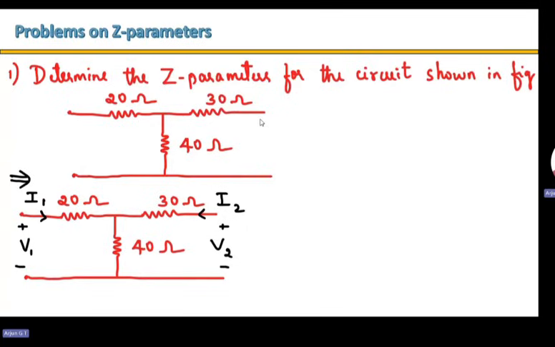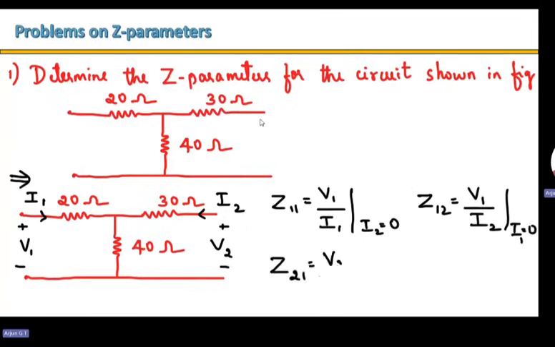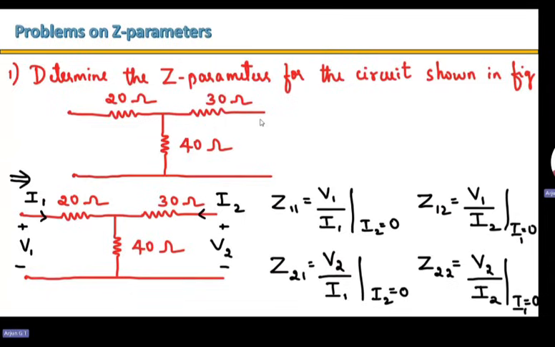We also know how to find the Z parameters and we know the equations. By making I1 equal to 0, we can find Z12 and Z22. By making I2 equal to 0, we can find Z11 and Z21.